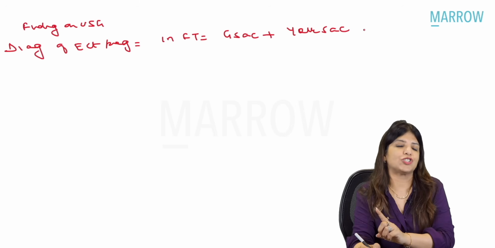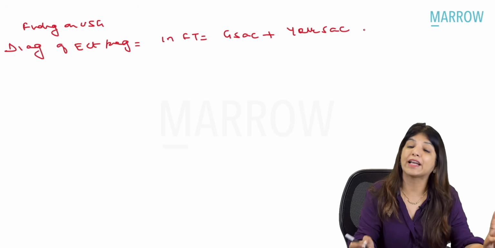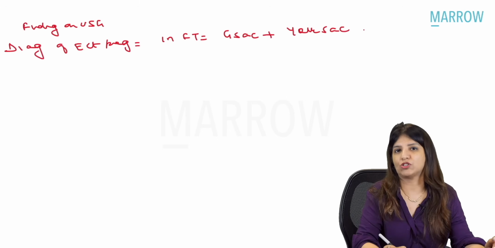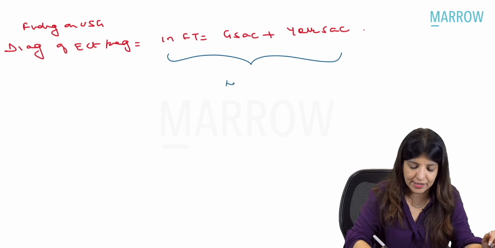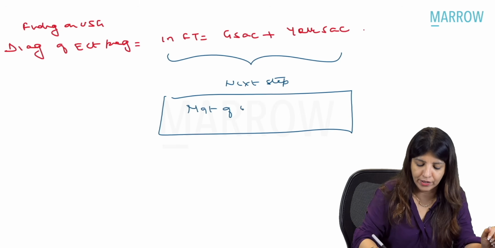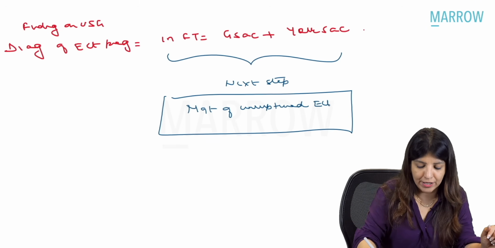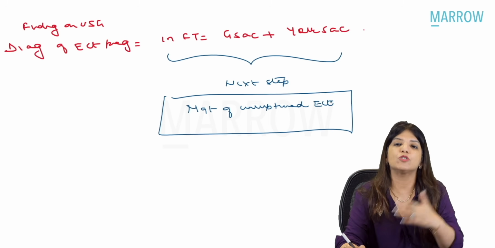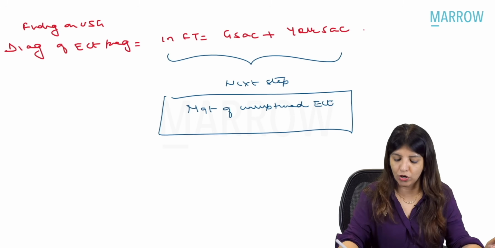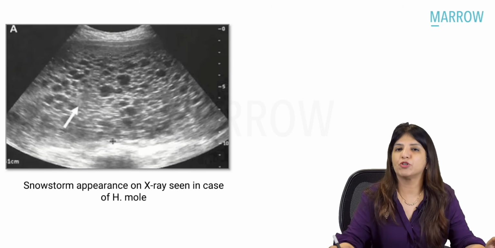Only if your question says that you are getting gestational sac and yolk sac both in fallopian tube, that is diagnostic of ectopic pregnancy. And in this case, the next step is you have to go for management of unruptured ectopic. And the most common management for unruptured ectopic is medical management using methotrexate. Right? Clear to all of you? Okay, next image over here.